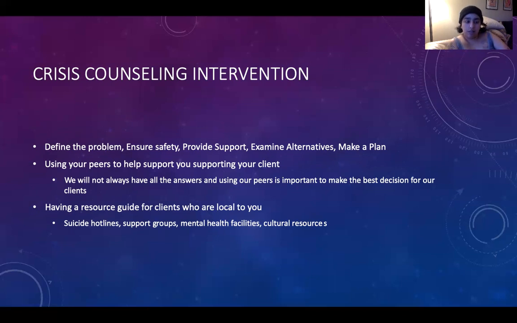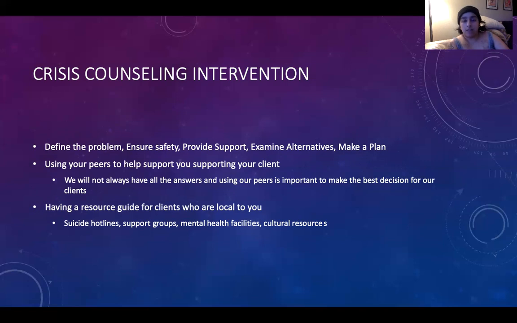Yeah, and then the first couple things there: define the problem, ensure safety, provide support, examine alternatives, and make a plan. These are the 5 basic steps of crisis counseling, for when you are thrown into an emergency situation as the counselor. And just use your peers to help support you in supporting your client.